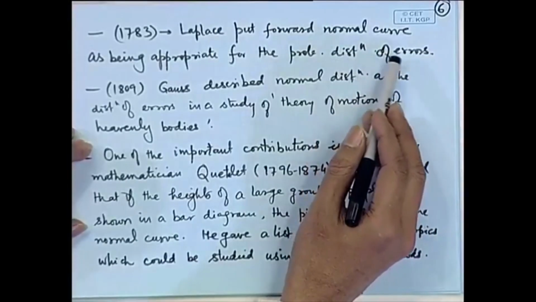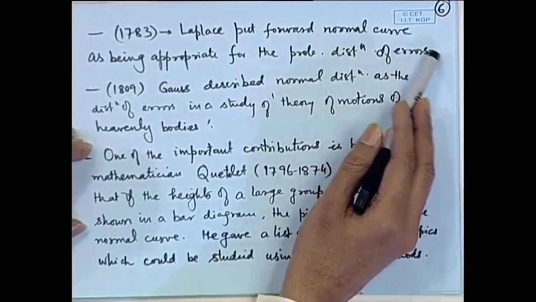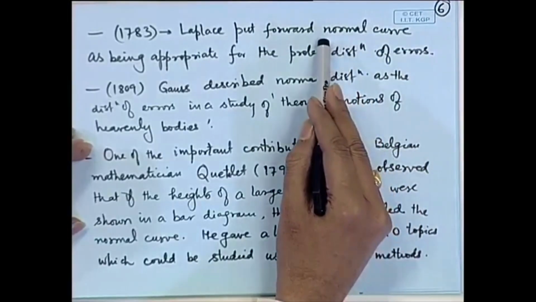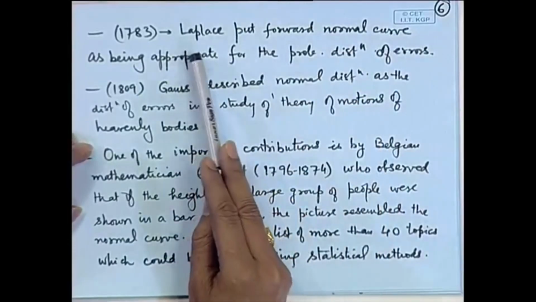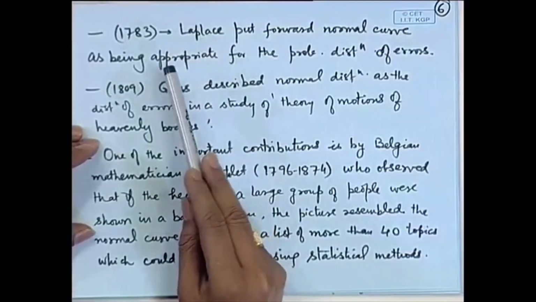So, you have several values corresponding to those errors. If we plot the frequency curve of that, it looks like a normal distribution curve, and this theory was propounded by French mathematician Laplace.